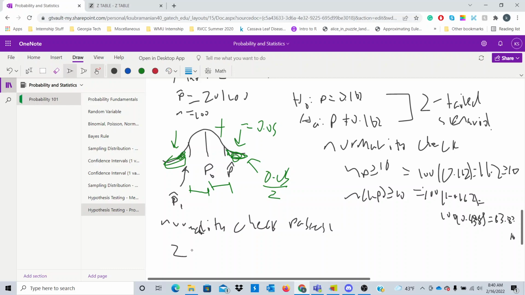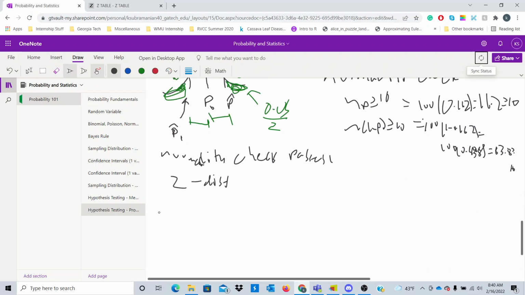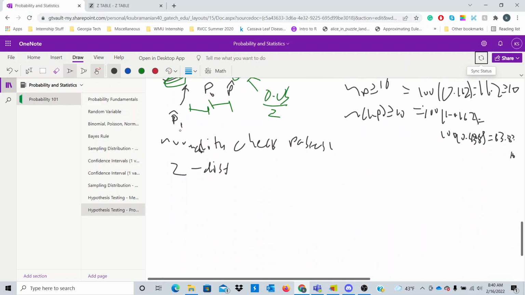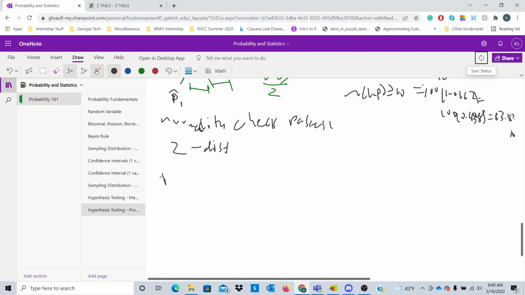So what does that mean? We can use the z distribution, right? So we want to find the z-score associated with this sample proportion of p hat. So z is equal to 20 out of 100 minus 0.162, because that's the center of our sampling distribution of proportions. What will the standard deviation be?